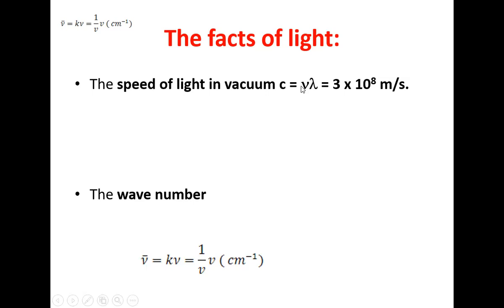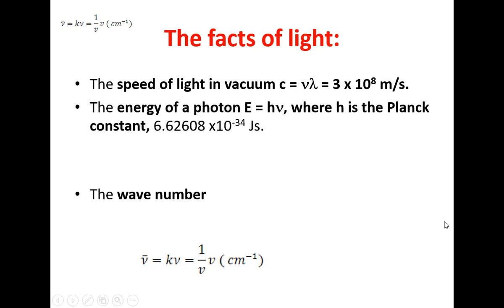Lambda is distance. From that kind of analogy, I find it very easy to remember the formula. Speed from the basic definition is length over time. So length is lambda, wavelength, times 1 per second, that's frequency. The speed of light in a vacuum is 3 times 10 to the 8 meters per second. So that is the basic formula that we normally are going to use.